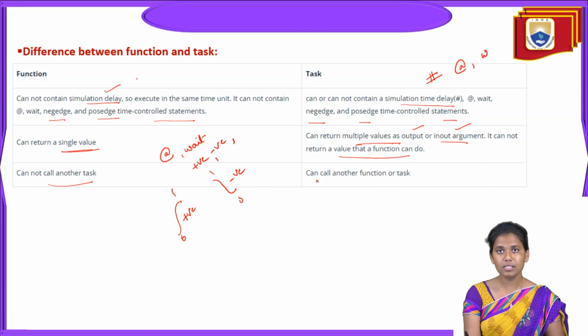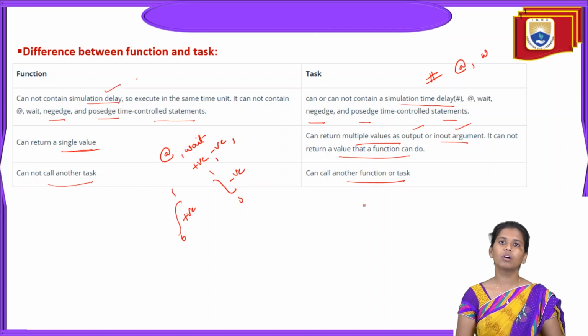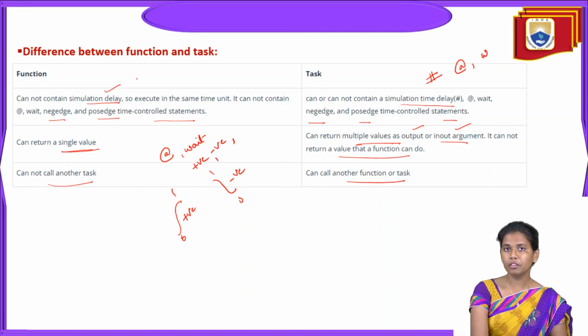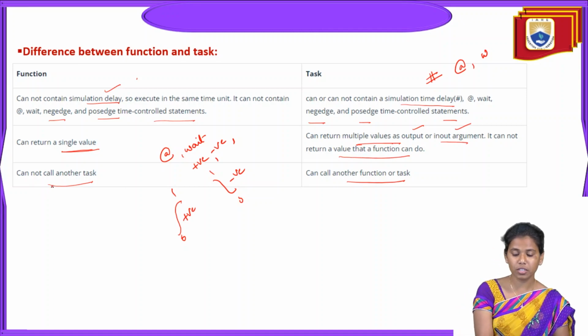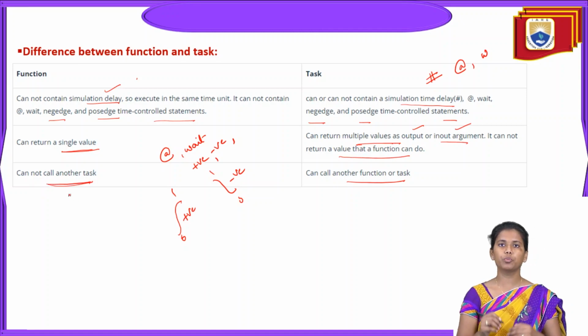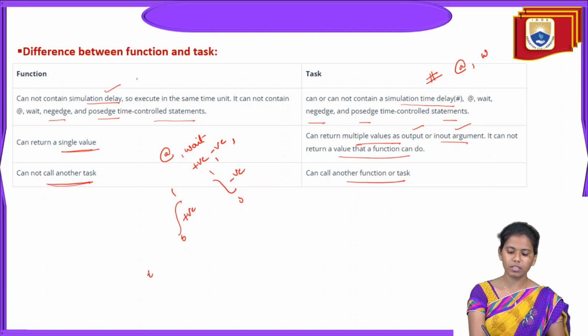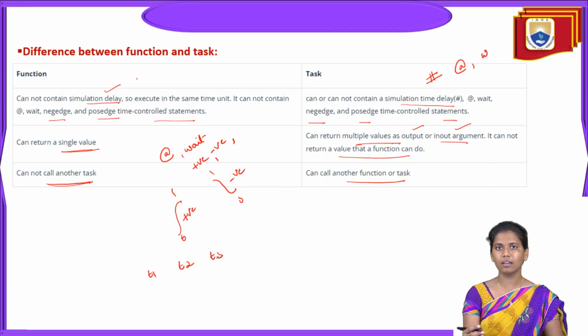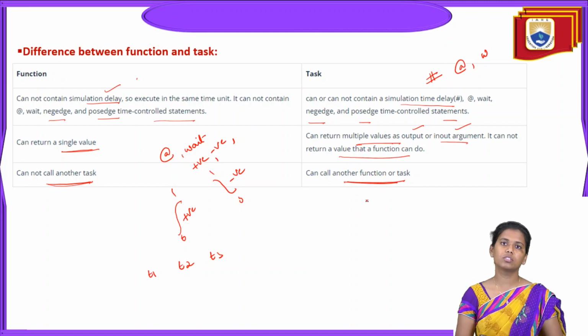Then the task can call another function or task. Here we are saying that a function cannot call another task in between when the processes are occurring. That means when the functions are executing in a sequence manner, interruptions cannot occur. Interruptions are not seen in functions, whereas a task can call another function or task when T1 is processing.